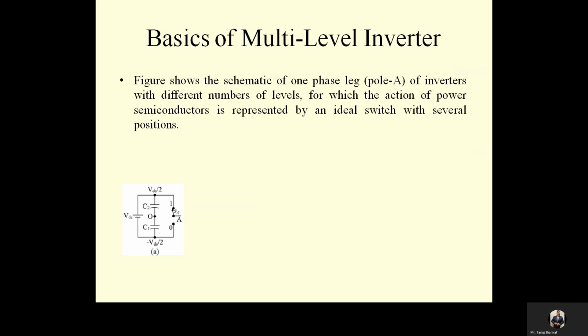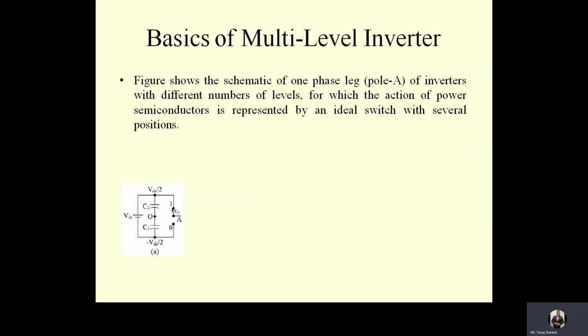Now the figure shows one phase leg or pole A of an inverter with a different number of levels, in which the action of the power semiconductor is represented by an ideal switch of several positions. For a two-level inverter, the position of the switch is represented by the switching function SA, which can attain either of two distinct values, 0 or 1.